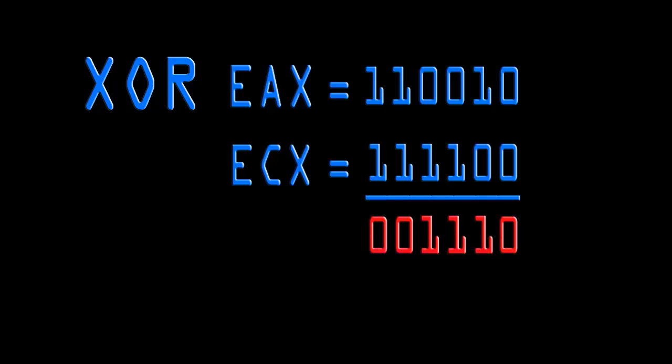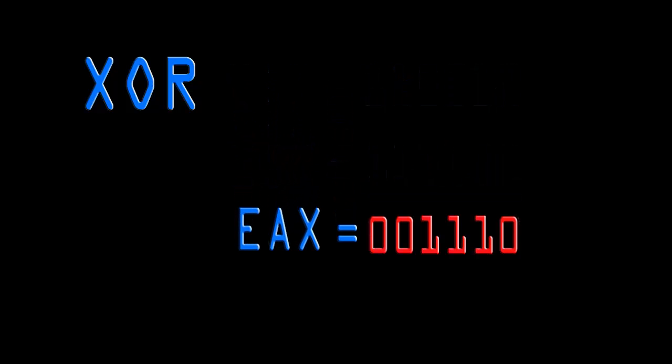So everything that's alike will equal a 0, and everything that is opposite will equal a 1. And it comes up with this new number, and that is what EAX will become. It has been encrypted, okay?